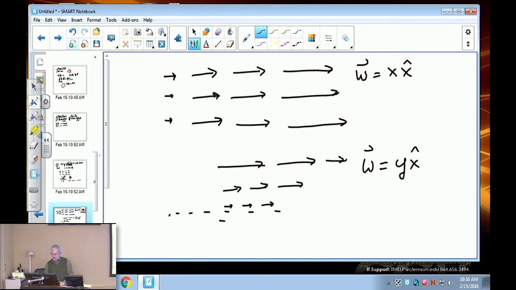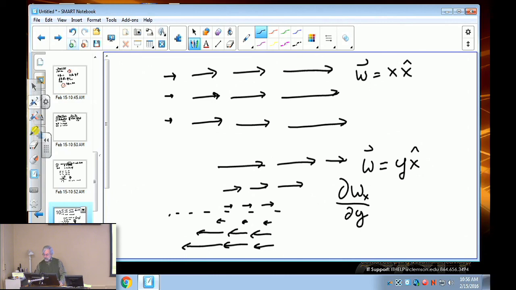And then below the x-axis, it looks like this. Okay, so W has an x component, but that x component only depends on y, so you have a derivative of the x component with respect to y.